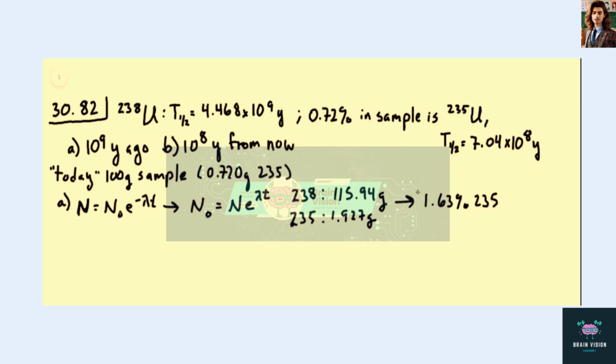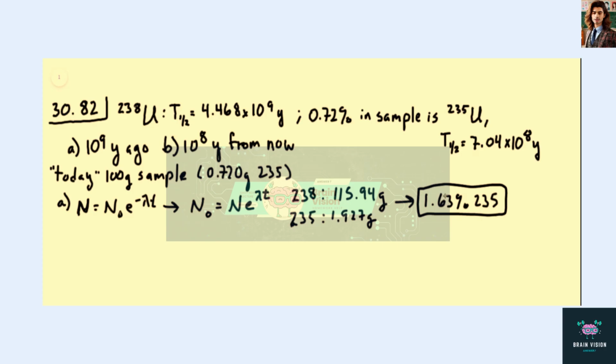uranium-235. So we can see that we had a larger fraction of uranium-235 in the past, which makes sense because we can see from the difference in half-lives here that the half-life is almost 10 times less for uranium-235, so it decays faster. And so more of it has decayed since a billion years ago.